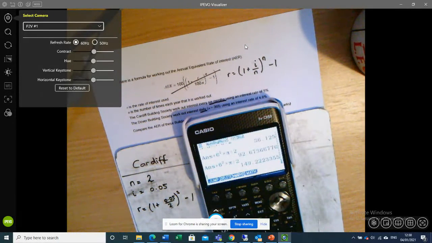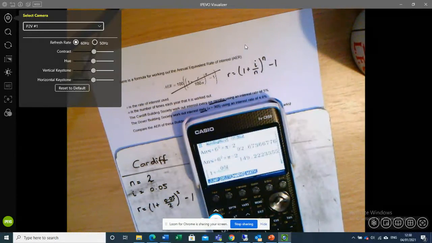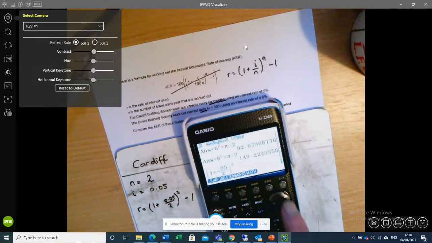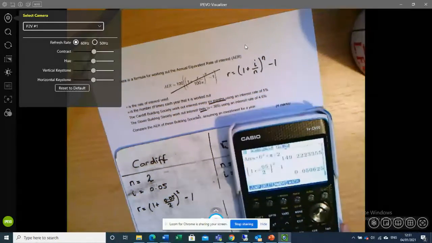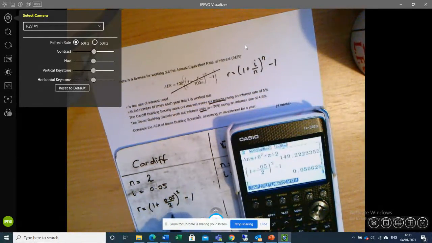Okay, so let's put this into my calculator. 1 plus 0.05 over 2, close the brackets, to the power of 2, minus 1. That gives you 0.050625. Okay, so that's 5.06% to 3 significant figures.